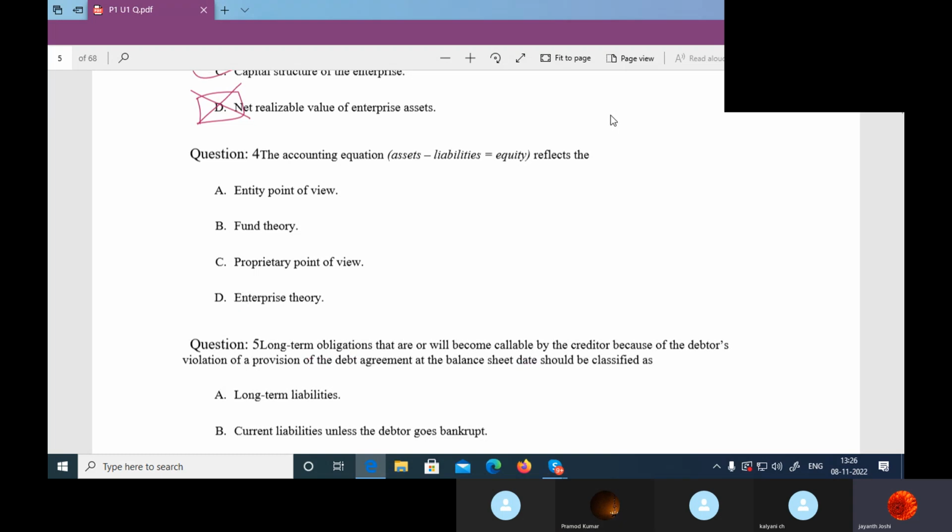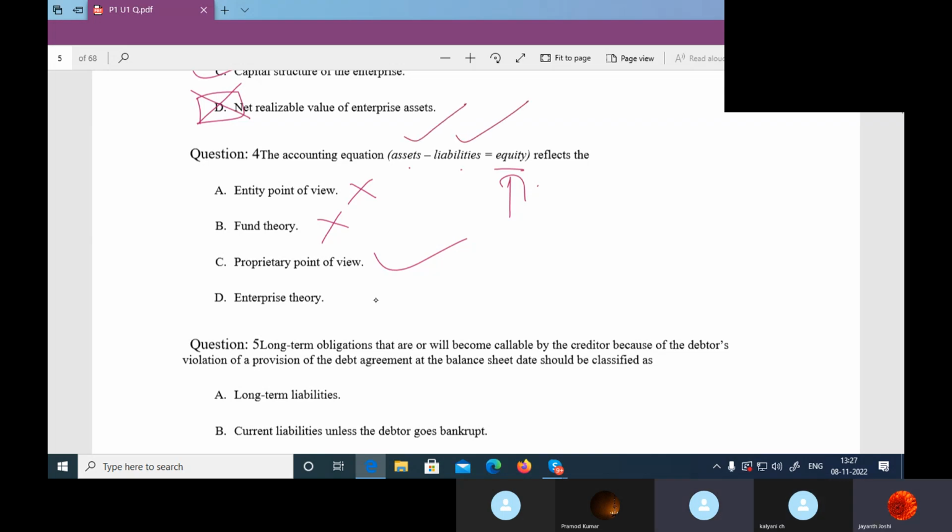So the accounting equation reflects the dash. See, the accounting equation is assets minus liabilities equals equity. So entity point of view is not there. Fund theory, no. Proprietary point of view, yes. Why? Because equity is something left over after removing liabilities from assets.